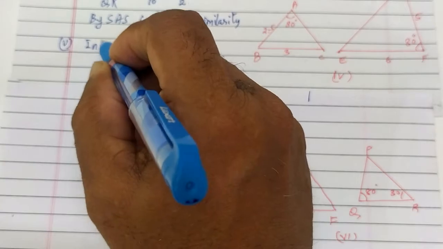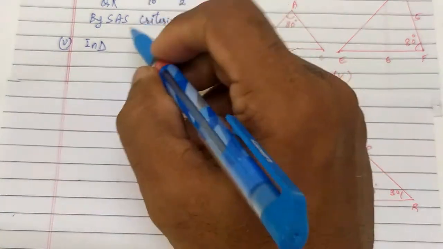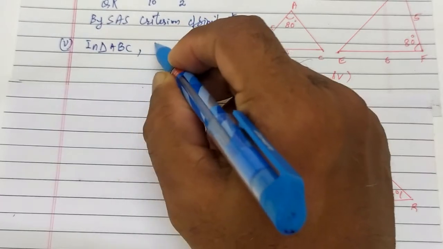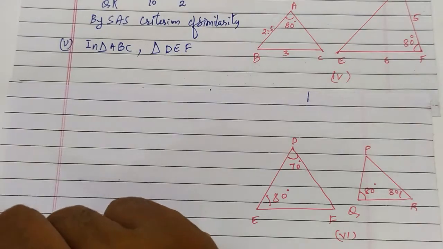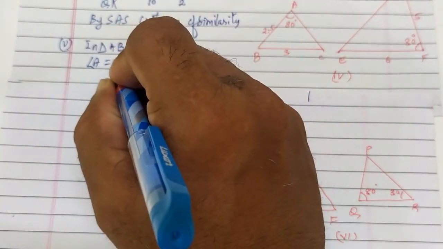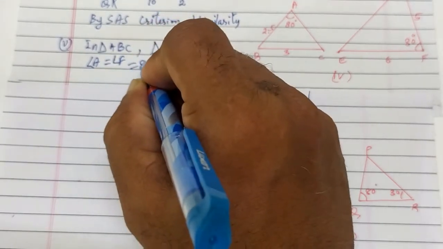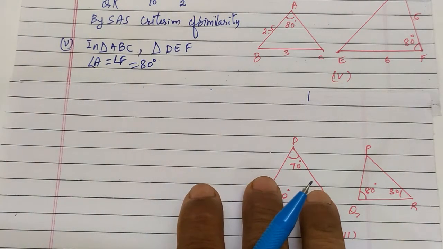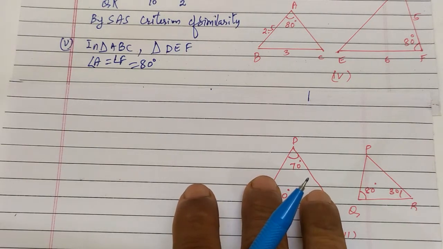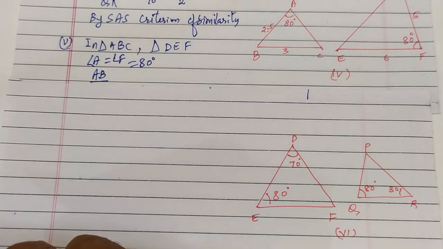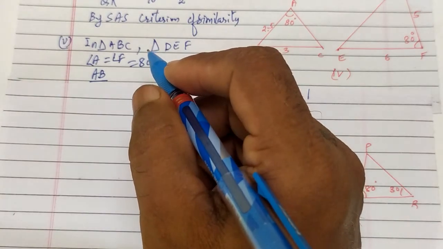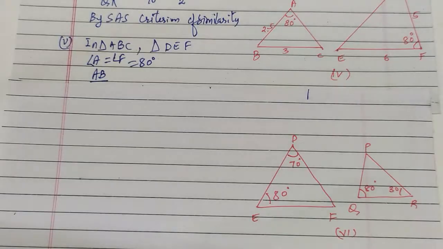In triangle ABC and triangle DEF, angle A is equal to angle F is 80 degrees, and AB upon DF.